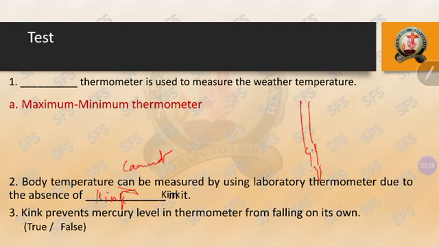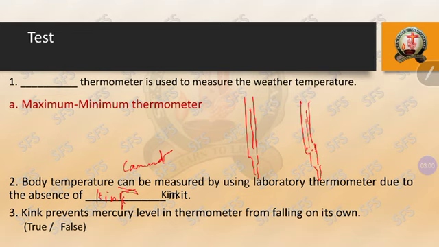This will usually be present in the clinical thermometer, where the mercury will not drop immediately after you measure the temperature, whereas the laboratory thermometer will be exactly straight and the bulb will be directly there, and no kink will be present. So as a result, the mercury will immediately drop as soon as you take it out from the object. This I have already discussed in the previous class.